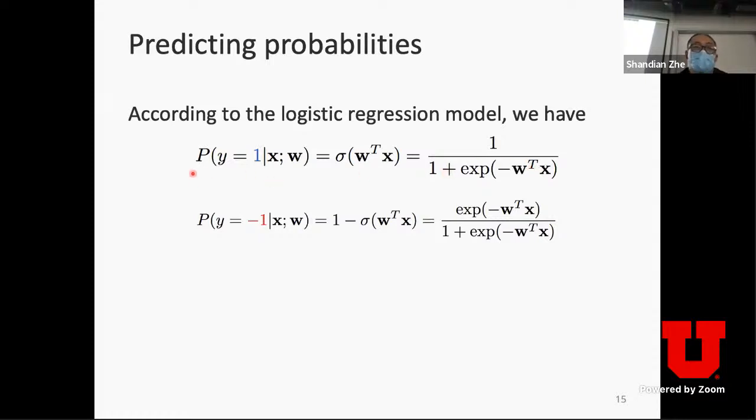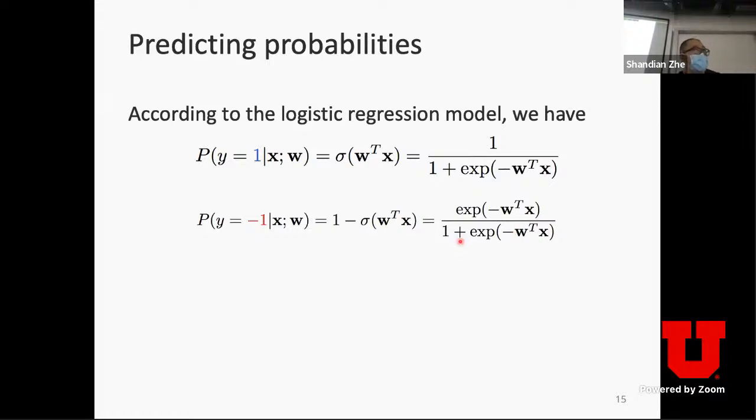So accordingly, if you want to calculate the probability that y takes -1, you subtract the sigmoid function from 1. Well, it is straightforward to say it is e to the power of minus w transpose x over the same denominator, right?